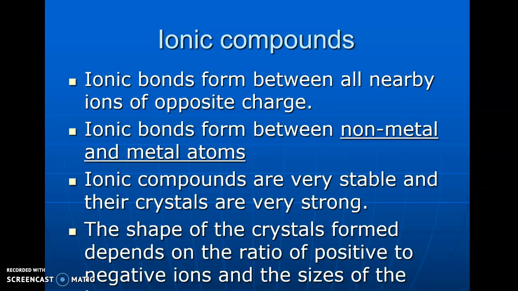Ionic compounds are generically called salts. And if you think about what salt looks like in your kitchen, that's a specific example, sodium chloride, of an ionic compound. But it also shows you what they often look like. Most ionic compounds are actually white crystals. They're all crystals, but most of them are white.